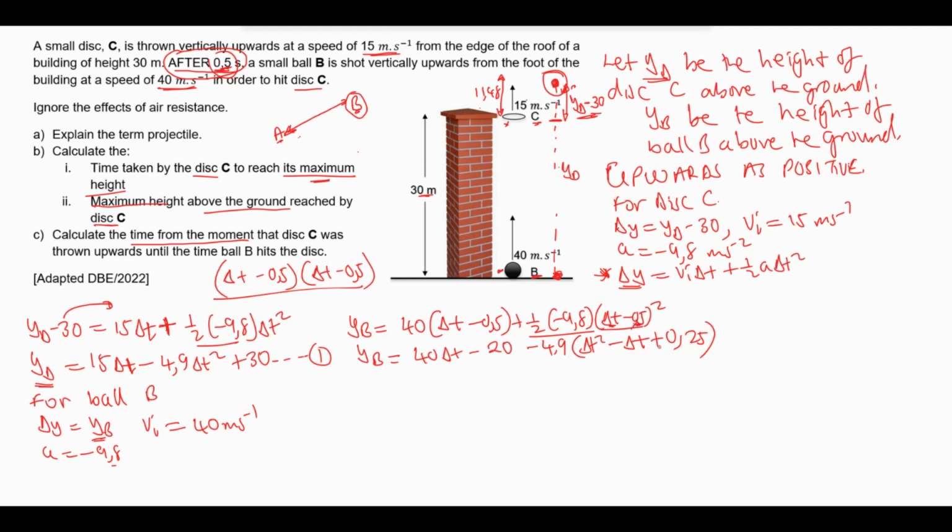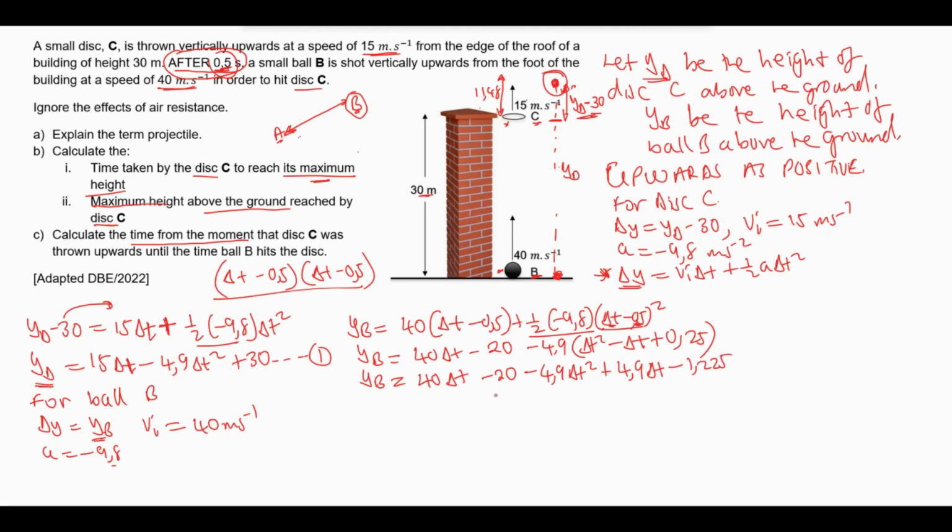This will give me this. Right, let's distribute the negative 4,9. Get yb is equal to 40 delta t minus 20. Then we're distributing negative 4,9, so it's negative 4,9 delta t squared, right, plus 4,9 delta t, and then minus 1,225.